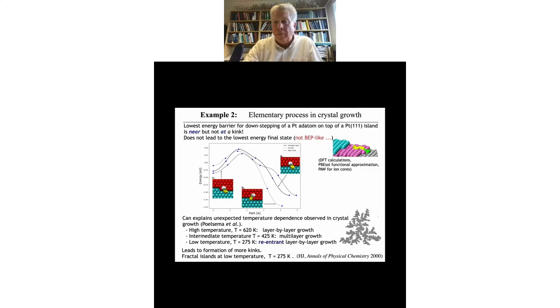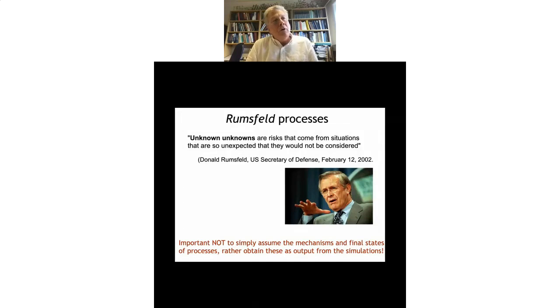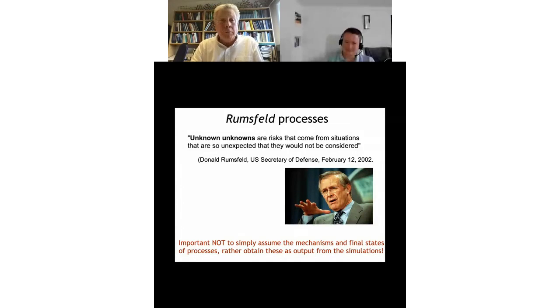We really have to have simulation tools that can tell us, without preconceived notion, what is the optimal mechanism of transitions. Okay, so that's my point. These kinds of unexpected mechanisms are more and more being called Rumsfeld processes. This is referring to a famous statement made by the U.S.